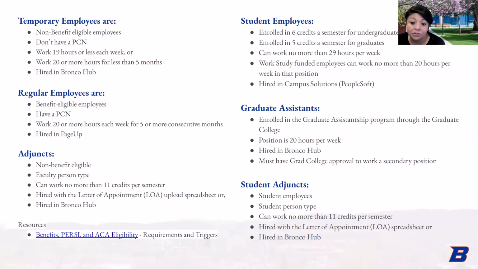Then we also have student adjuncts. These are student employees who are also teaching a course. They are also limited to 11 credits per semester, but they are also limited at the 29 hours per week. And they can be hired, again, just the same as adjuncts, with a letter of appointment, upload, spreadsheet, or hired directly into Bronco Hub.